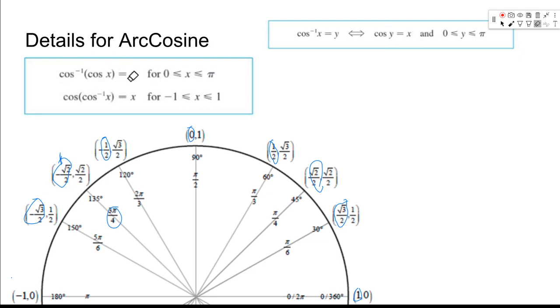That is only in the case where x is between 0 and pi, because if it's not, we could do a coterminal angle or something, but we have to get it between 0 and pi. Whatever we do, x has to be between 0 and pi, otherwise it's not 1 to 1. And also, if you take the cosine of the inverse cosine, you're undoing whatever you do, so you end up back where you start. And that's true as long as x started out being between negative 1 and 1, because it's getting plugged into the cosine function. So those are all important things to take a look at.